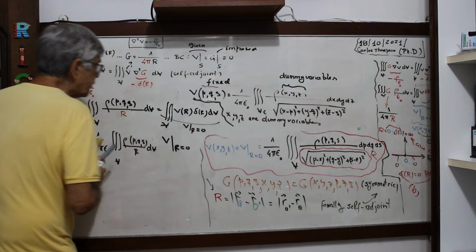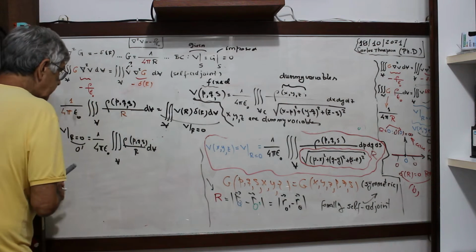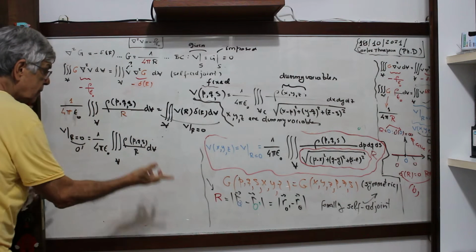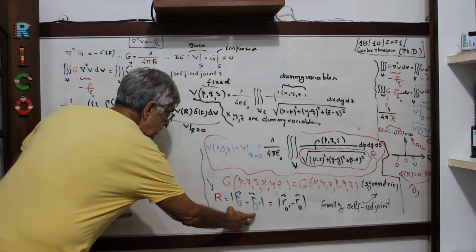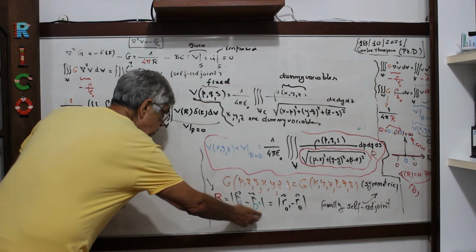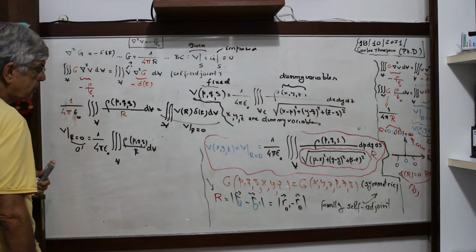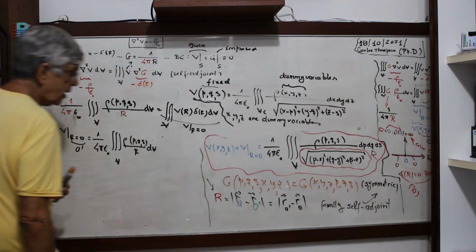That's the property of the delta function, which is important. Now R over here is the position vector of point Q minus the position vector of point O prime. That's a coordinate, the spherical coordinate R.